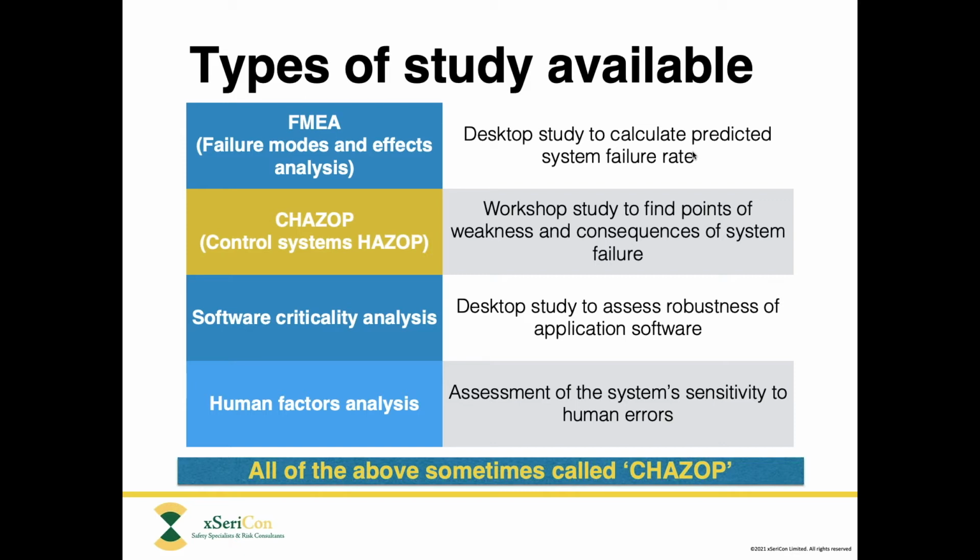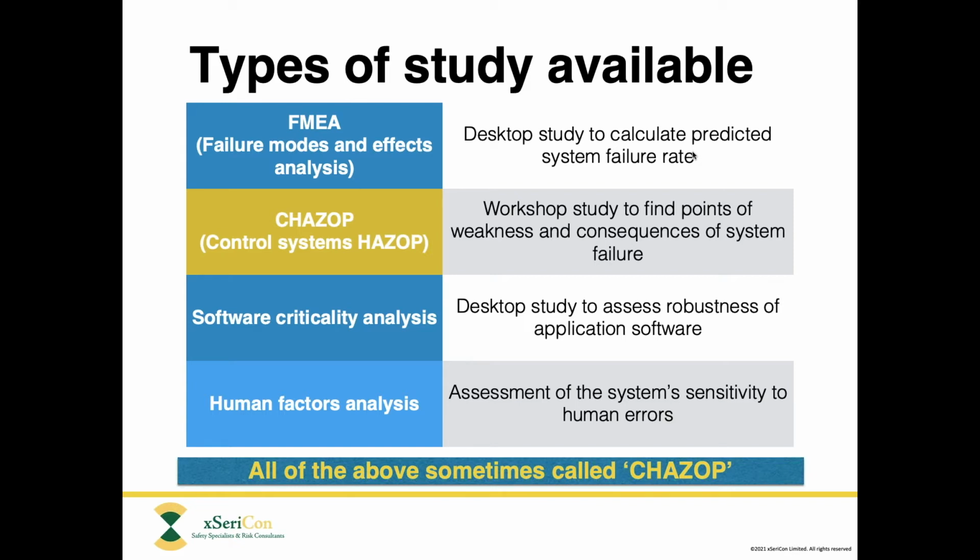The third type of study that sometimes is called CHAZOP, but which I think is potentially confusing, is software analysis. Now, this could be software criticality analysis, for example. And this study is sometimes referred to as software HAZOP. But really, it's nothing like a HAZOP study, so that's quite a misleading name, I think.